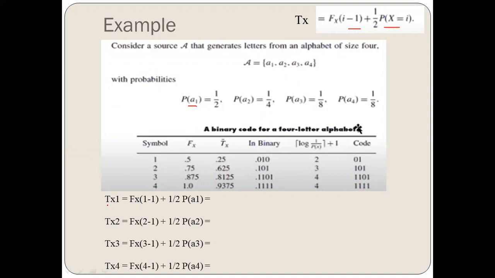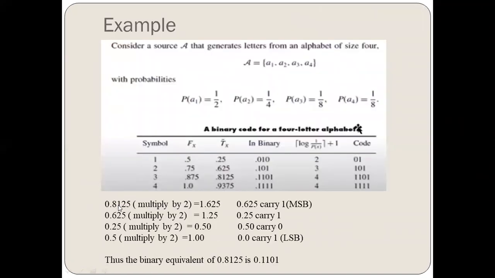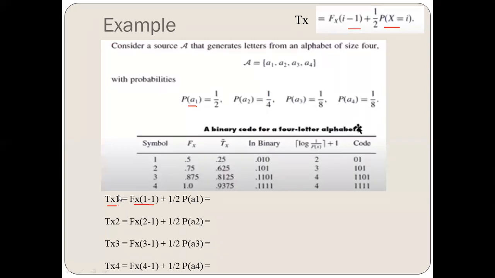So see, we have written it here. Tx1, the tag for symbol 1, will be equal to Fx 1 minus 1. Why 1 minus 1? Because it is i minus 1, and i is 1 because I am finding out for 1. So it has to be 1 minus 1 plus half of PA1, that is half of probability A1.